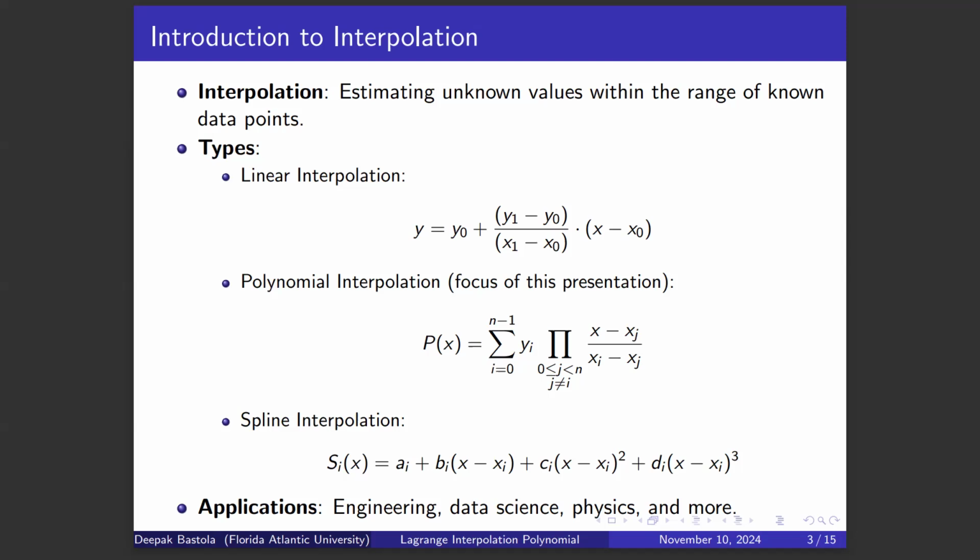Also in other fields, in physics and even in GIS, the geographical information system, we do terrain modeling and spatial analysis, like estimating values at unmeasured locations. These are all the fields of application of interpolation. And of course, it is not limited. We can explore it more and more in finance and economics, like yield curve construction and stock price estimation.